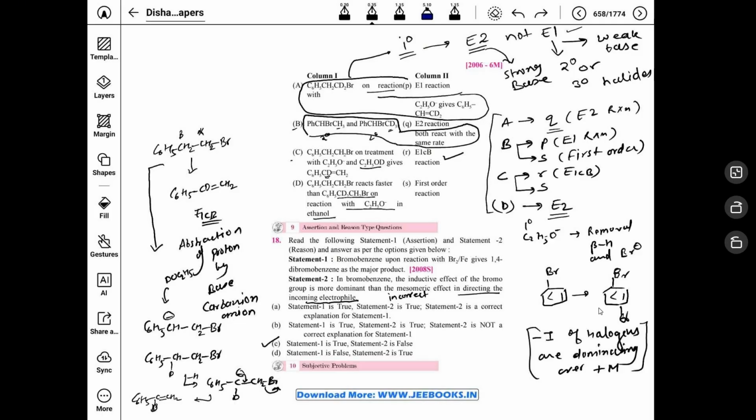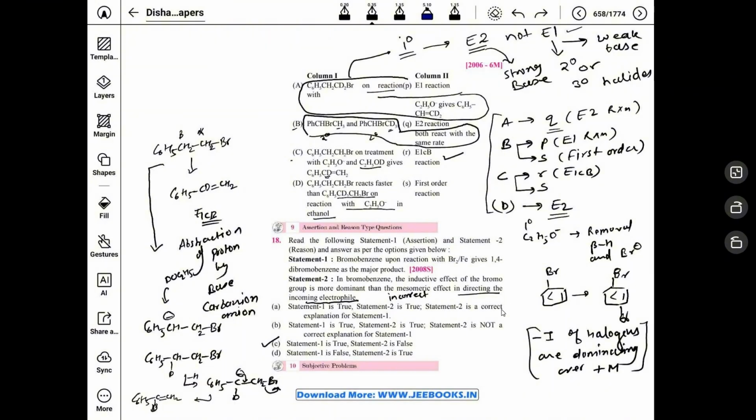Again I would like to repeat, statement 2 up to the half is correct, that the bromo group's inductive effect, the minus I effect of halogens, is dominating over plus M. This is a true statement, but this is not true in the context of directing the incoming electrophile.